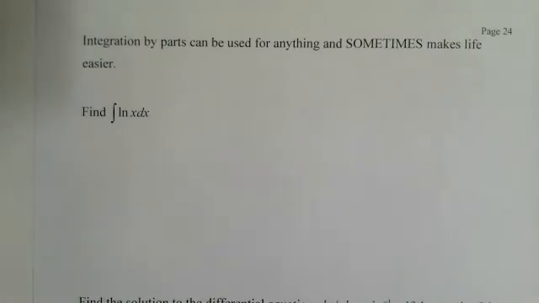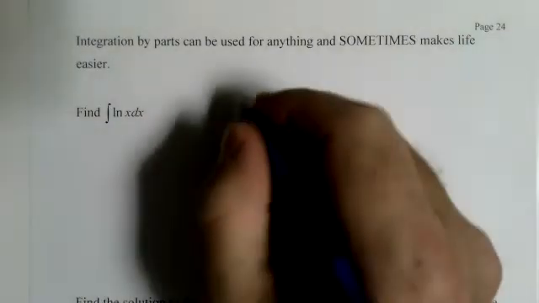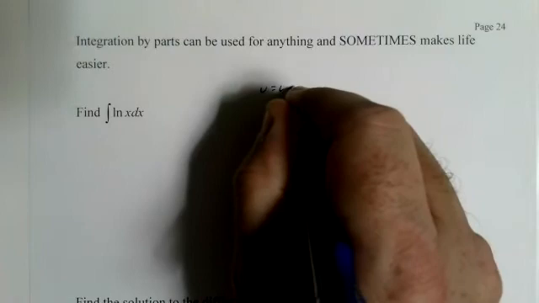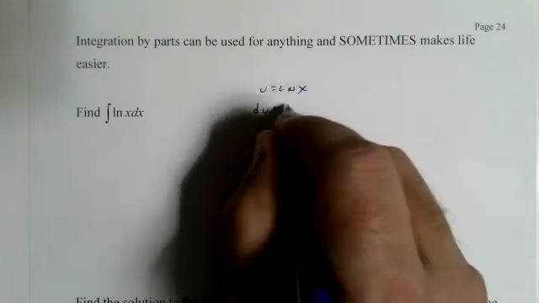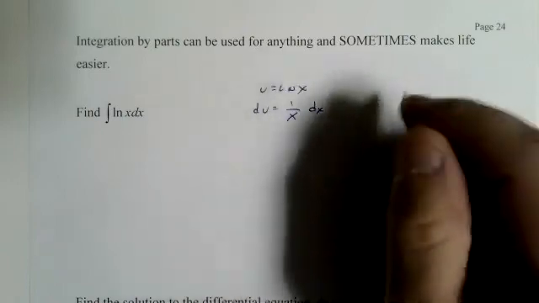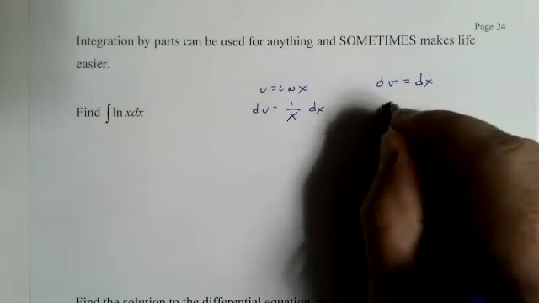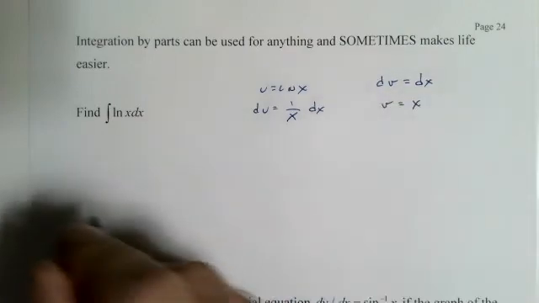Well, there's only one function there. Yeah, but I need a function and a derivative, so there's actually enough for that. u equals ln of x, du equals 1 over x dx. I'm not going to look at my notes. I'm curious where this is going to go. dv equals dx and v equals x.